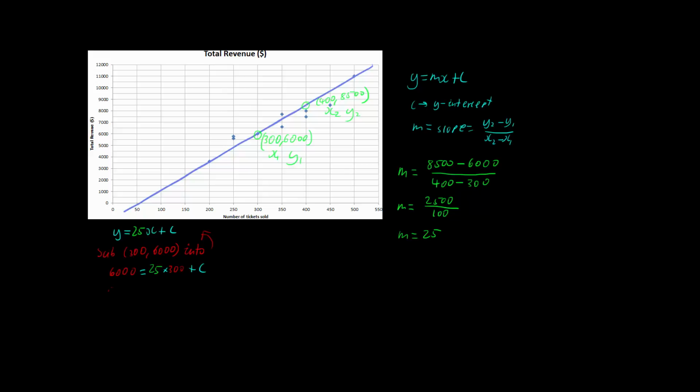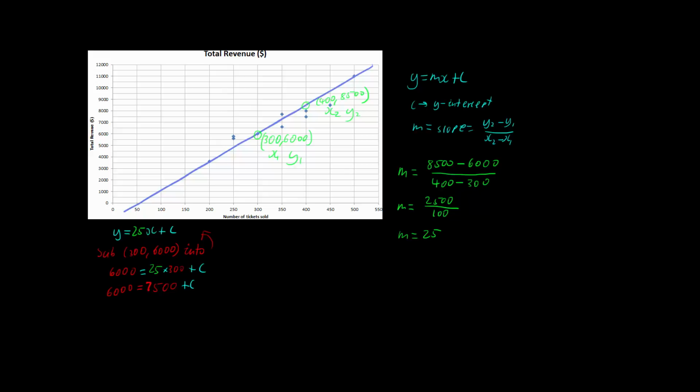So we're going to have 6,000 is equal to 25 times 300, which is 7,500, and then we've just got our plus c on the end. Now to work out c, I'm going to take off the 7,500 from both sides.